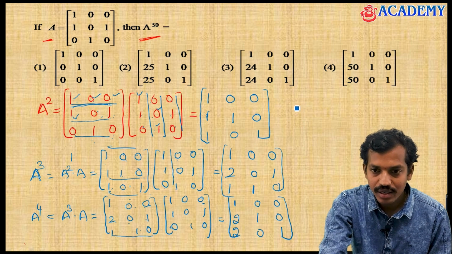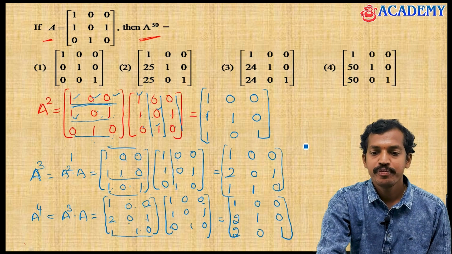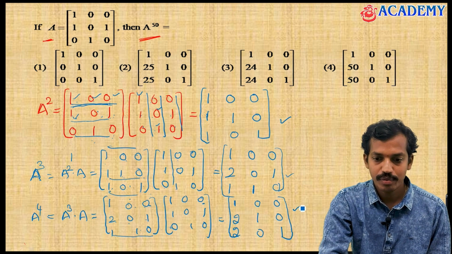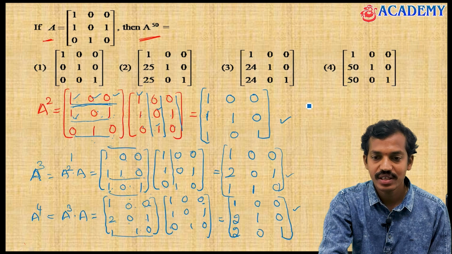I will write here A to the power, this is A square, this is A cube and A to the power of 4. I will write A to the power of 6 directly, or A to the power of 5 also you can write.